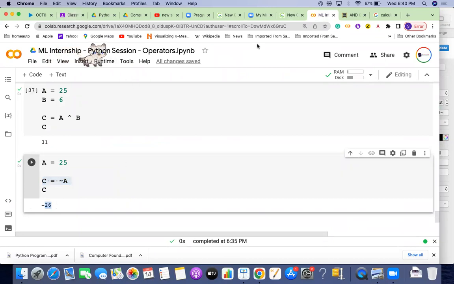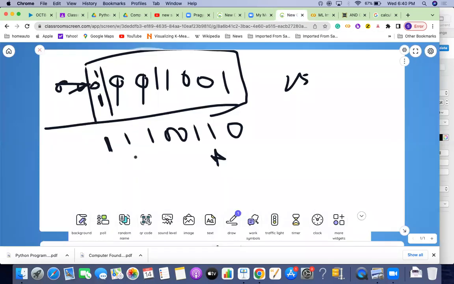Now if I add 1, what is this value actually? This value is too much, a too high number, and this is the sign bit, correct? So how will this be calculated? This is 25.